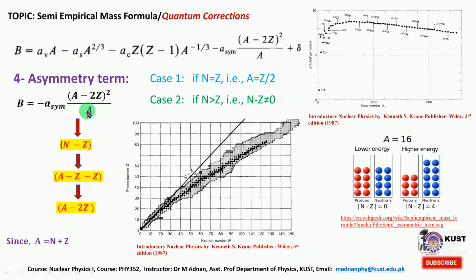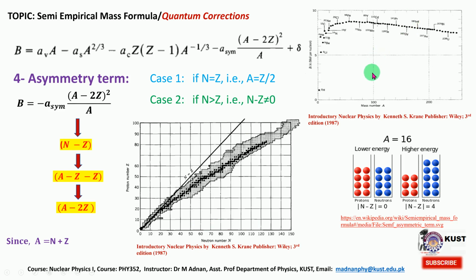This behavior is because of the fact that the nucleon number is increasing, that is, elements with more nucleons, since we are going towards this portion or this portion over here.